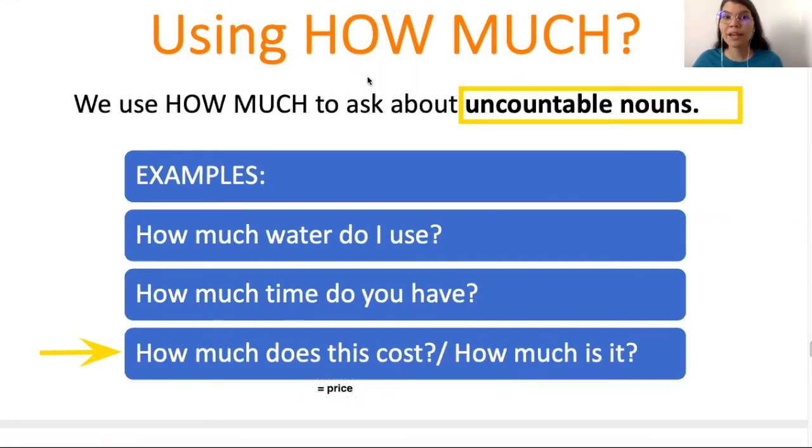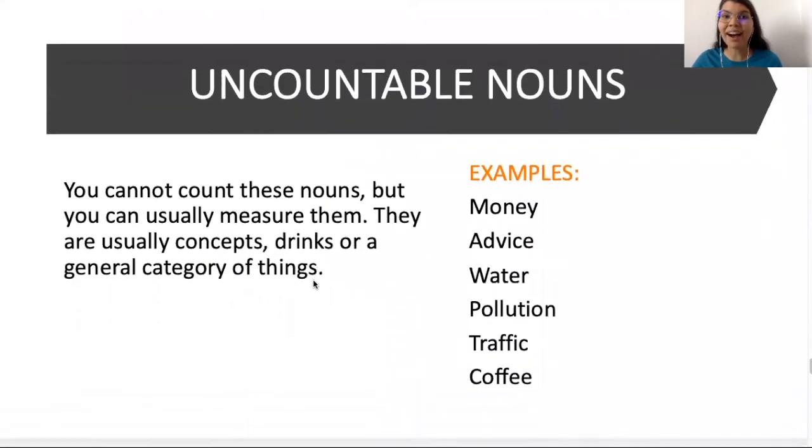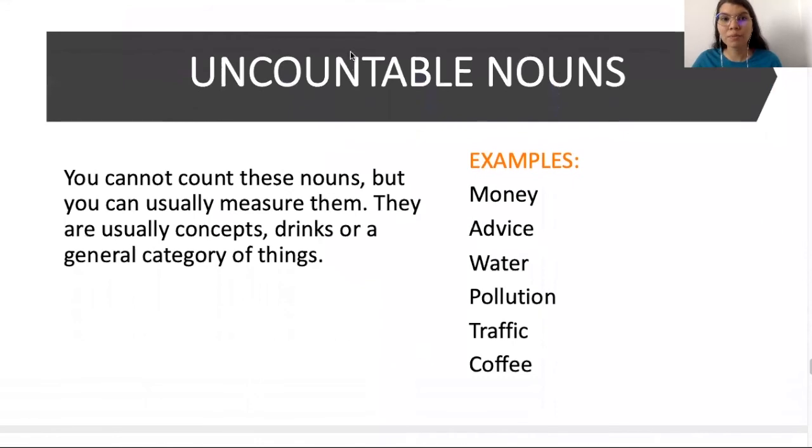And when we use how much, it is not necessary to use the plural. How much does this cost? How much is it? How much time? Water? There is no plural. The concept stays in its singular form. All right, class. Let's continue and let's look at uncountable nouns.